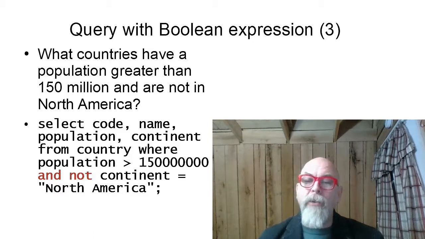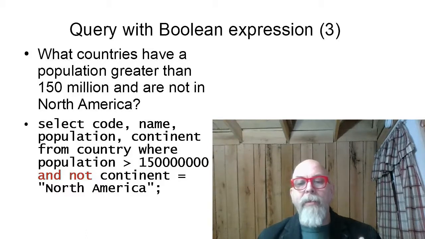Now, I could have used continent not equal to North America and done it that way, but I wanted to show you how NOT works. NOT has a higher priority, higher precedence than AND or OR, so it will do the NOT first and then it will do the AND later.